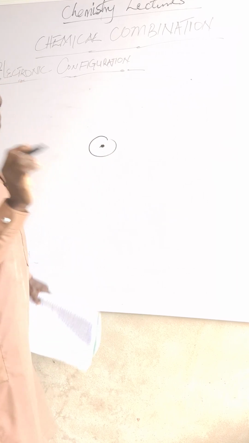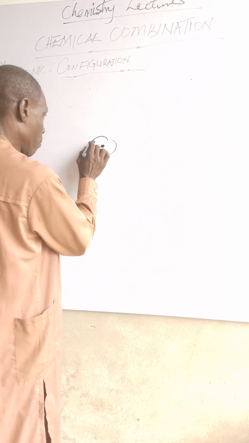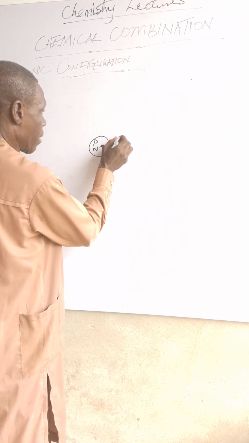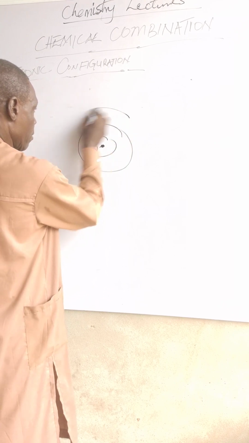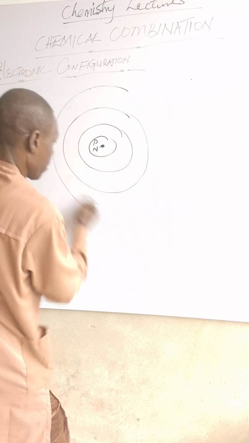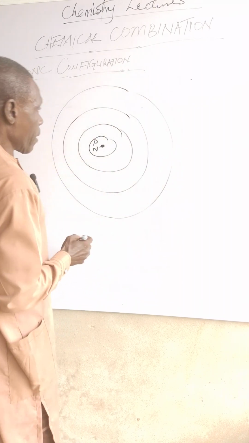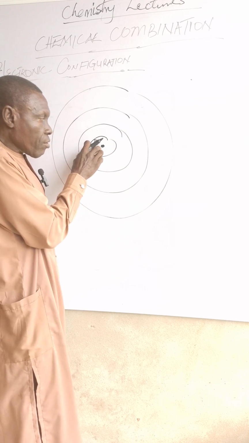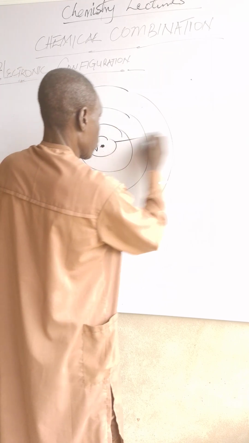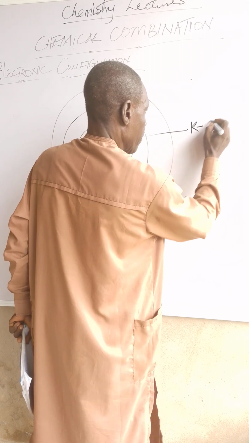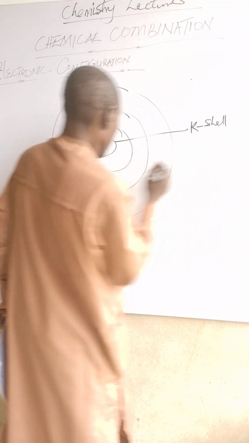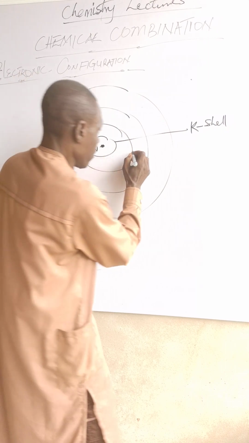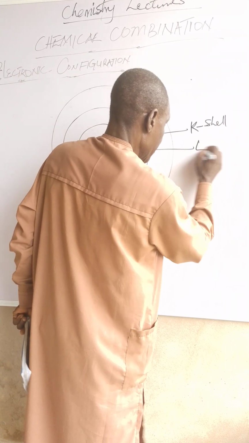The nucleus is made up of 2 particles, the protons and the neutrons. Then we have other shells surrounding it. This is the first shell from the nucleus, called the K shell. This is the next shell from the nucleus, the L shell.